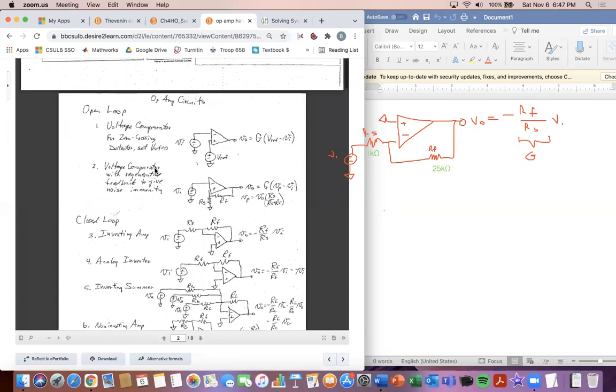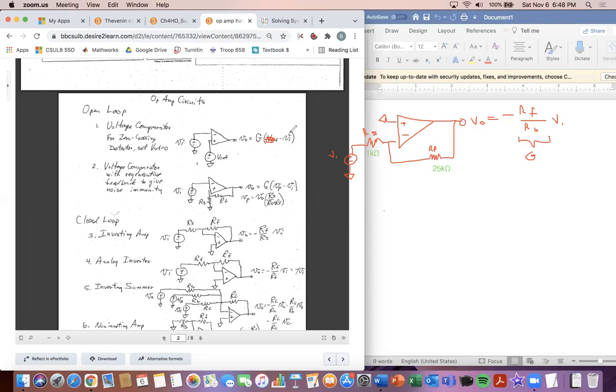Over here, see this comparator, where the gain is the reference voltage minus the input voltage, and the reference voltage is hooked up to the positive terminal, and the input voltage is hooked up to the negative terminal. Since we have the voltage hooked up to only the negative terminal here, we don't have this reference voltage. So it's the gain multiplied by the voltage coming in for the negative terminal, and we have the negative in front of it.